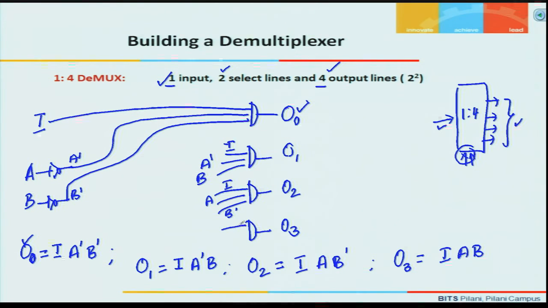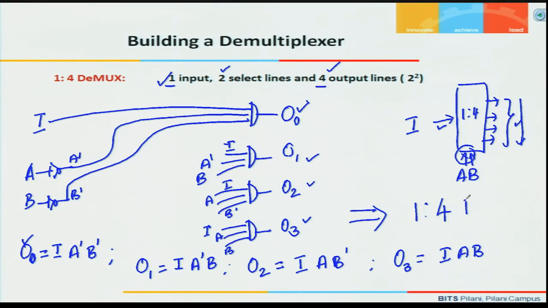So, I connect I, A and B as inputs for the 4th gate. I will get my output O3 here. So, I am able to transfer the input I to one of these 4 outputs depending on my selection lines A and B, and I call this a 1:4 demultiplexer.